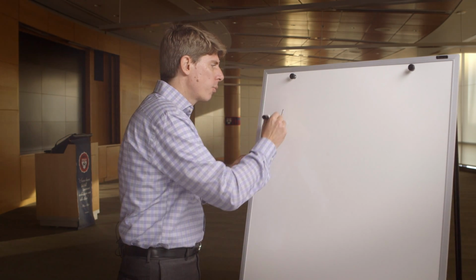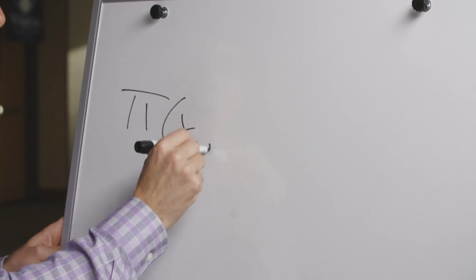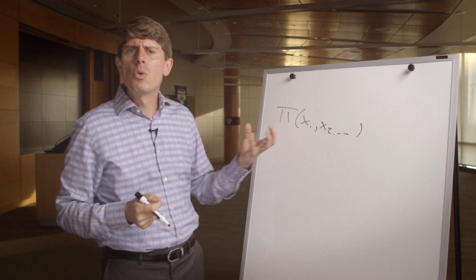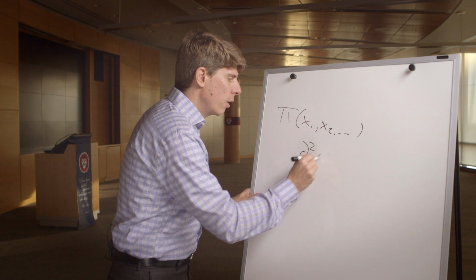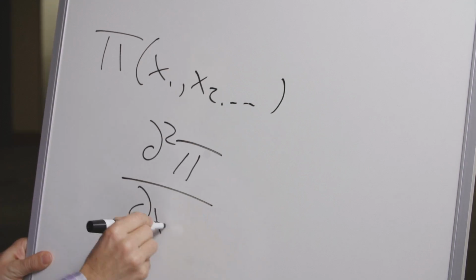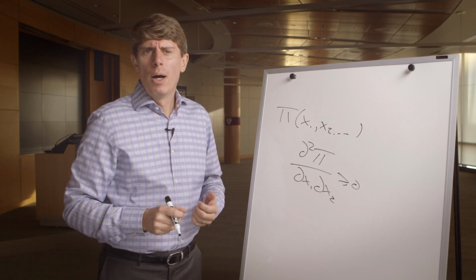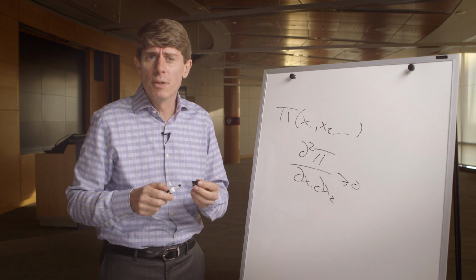If we have a profit function, right, and that function is a function of various activities that we are engaged in, then what does it mean that two activities are complementary? Well, of course, it means that our cross-partial derivative is positive.